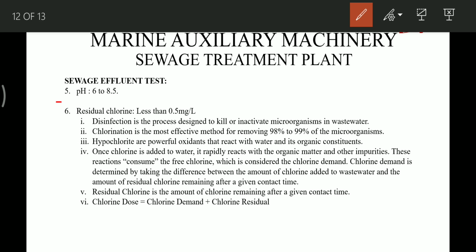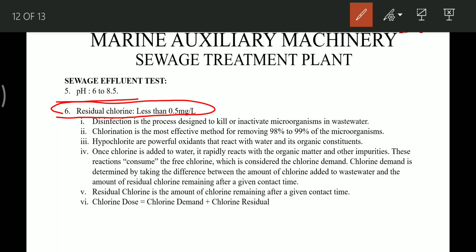Fifth is the pH. So pH has to be in between 6 to 8.5. And the last test which we carry out on board ship is the residual chlorine. That is, we add sodium hypochlorite in the sterilization tank, and residual chlorine we measure with the test.